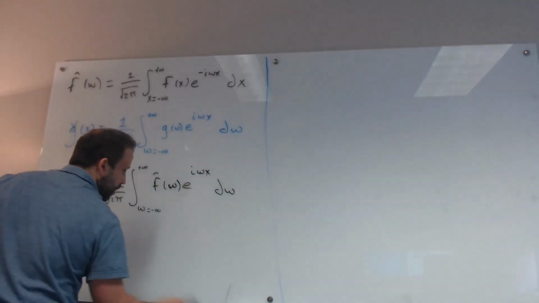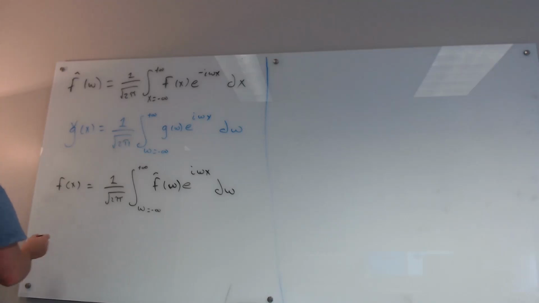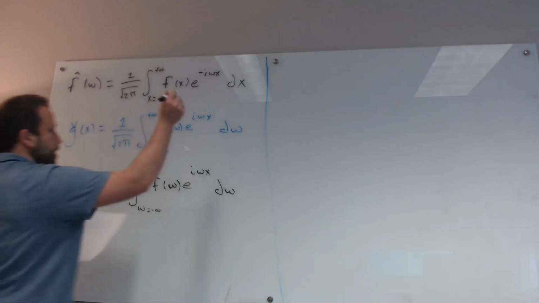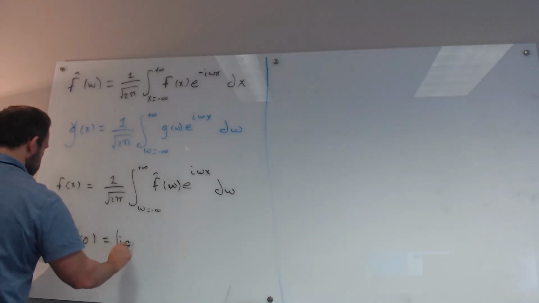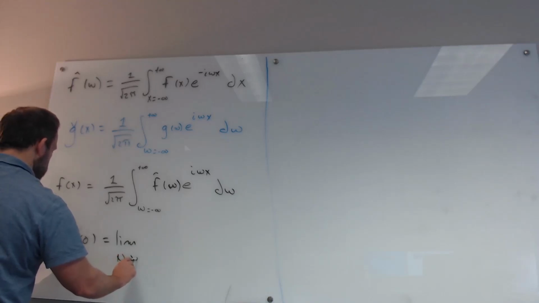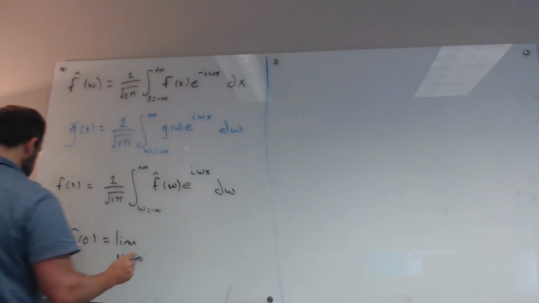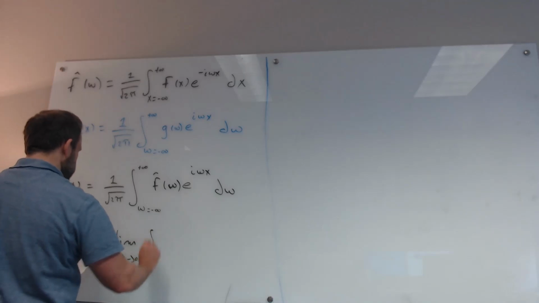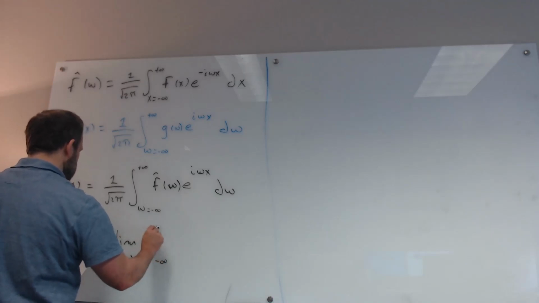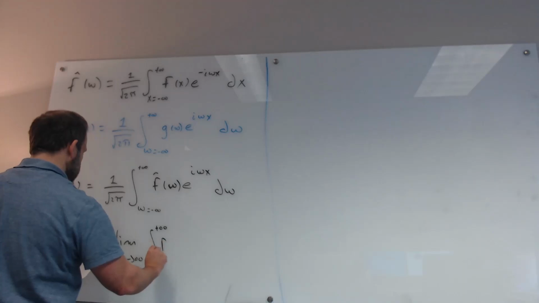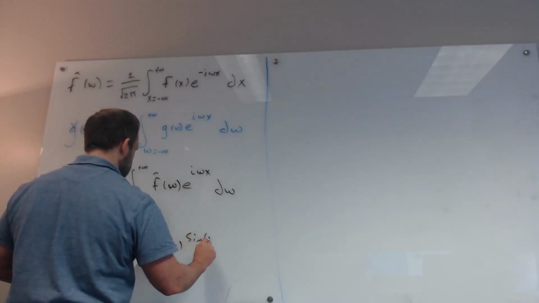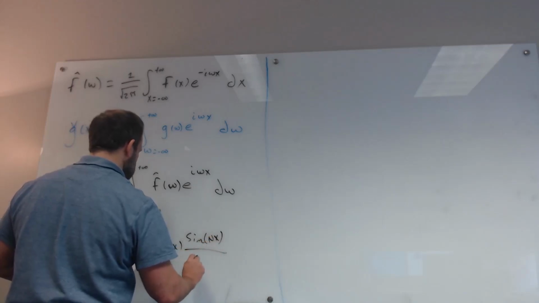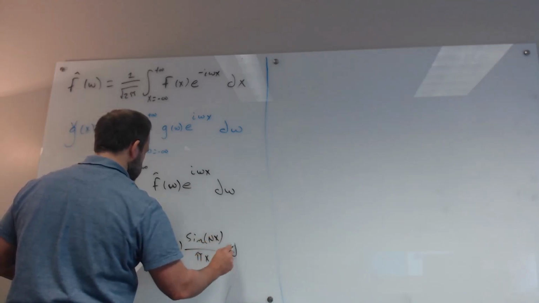And it's going to be the following. I'm going to rewrite what I had. f of 0 is equal to the limit as n goes to infinity of the integral from minus infinity to positive infinity of f of x sine of nx over pi x dx.